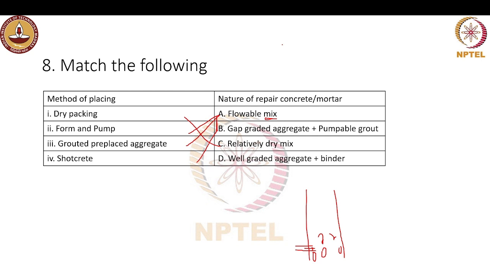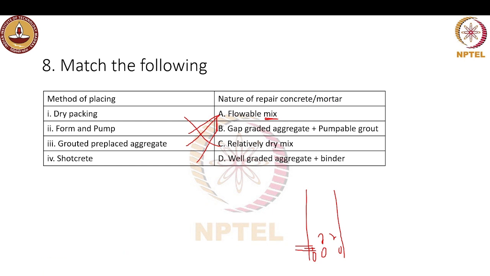Mix means we will have aggregates plus cement plus water, right? It can also mean sand and cement, no? Normally we won't say it as mix. We will say it as a mortar mix. Okay, fine. Yeah, it's concrete or mortar.